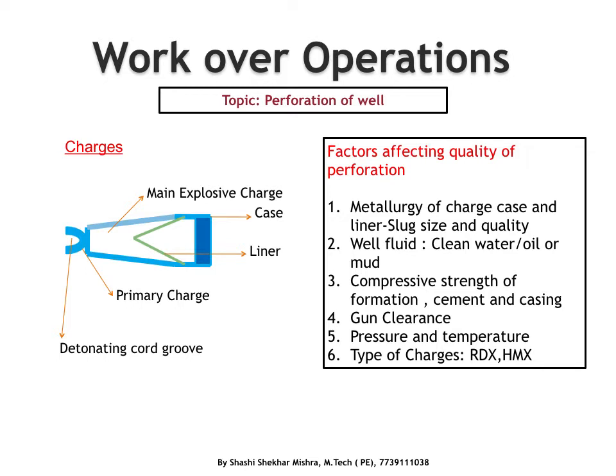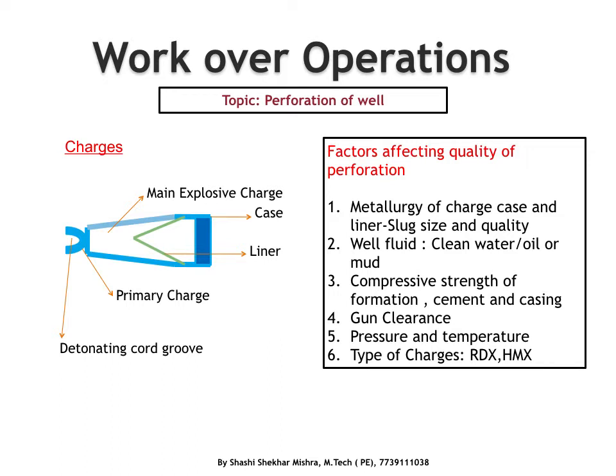In the process of jet perforation, when it is triggered either by electrical signal or by hydraulic firing with the hydraulic firing head, the primer explosive fires and the chain reaction starts, in which the primer explosive, then the main explosive burn, and then the liner gets deformed.